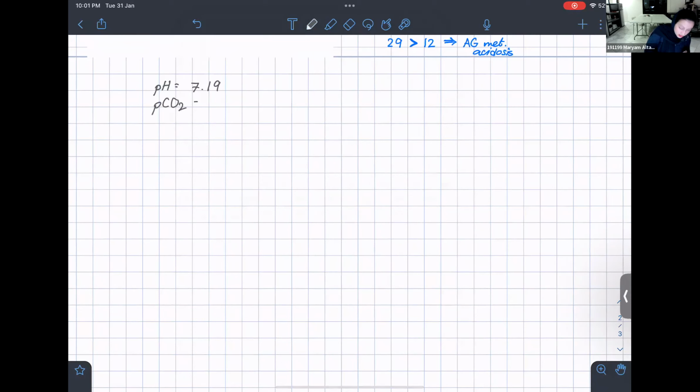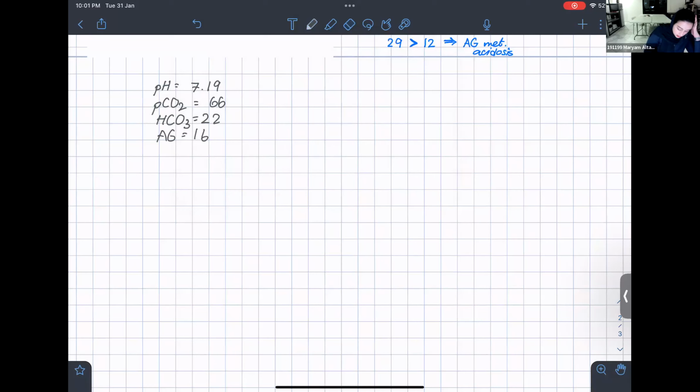PCO2 is 66, and bicarb is 22. They gave you the anion gap. They told you anion gap equals 16, so you didn't have to calculate it. What is correct about this patient's presentation?